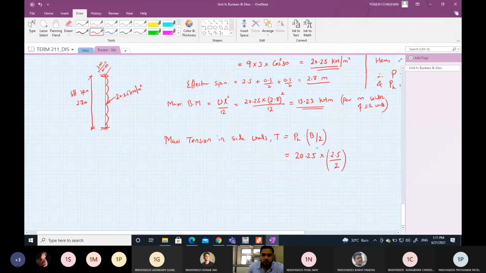So this will be 20.25 into 2.5 by 2, that is 25.31 kilonewton. This is the tension in the wall.